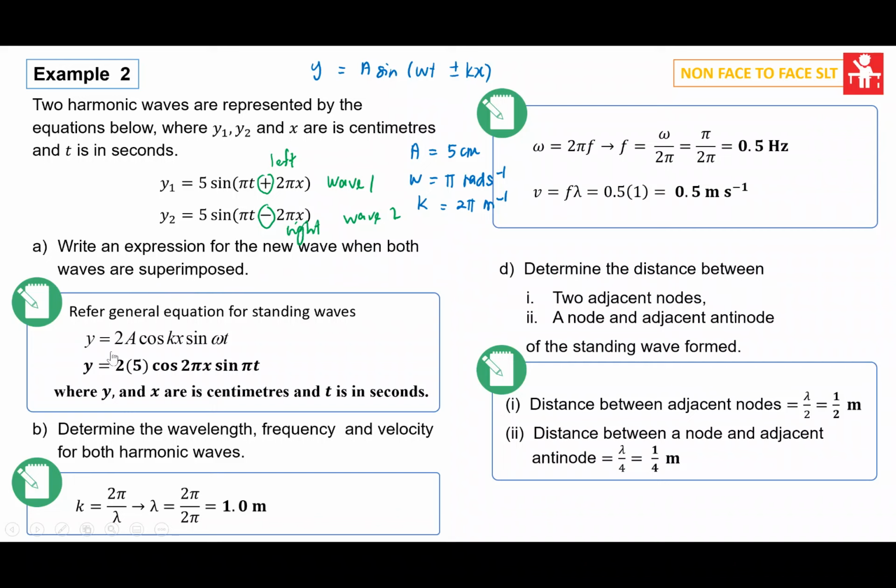Next, write an expression for the new wave when both waves are superimposed. The general equation for the superimposed wave is y equals 2A cos kx sin omega t.